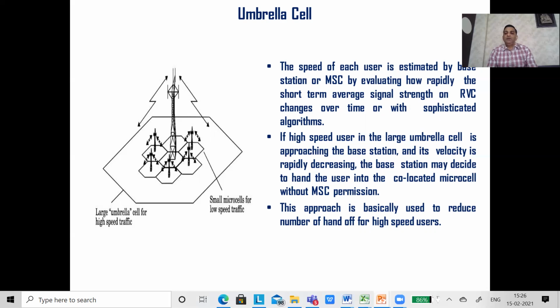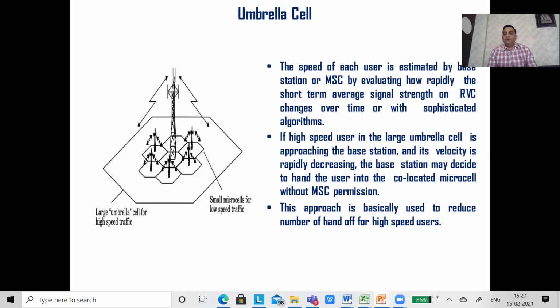So the speed of the user can be evaluated using these parameters with the help of algorithms. If a high-speed user in the large umbrella cell is approaching the base station and its velocity is rapidly decreasing, the base station may decide to hand the user into the co-located microcell without MSC permission.